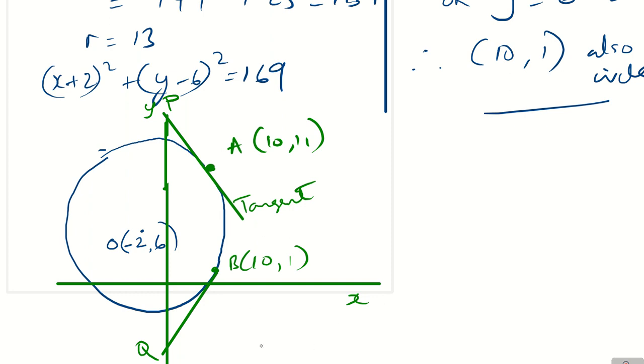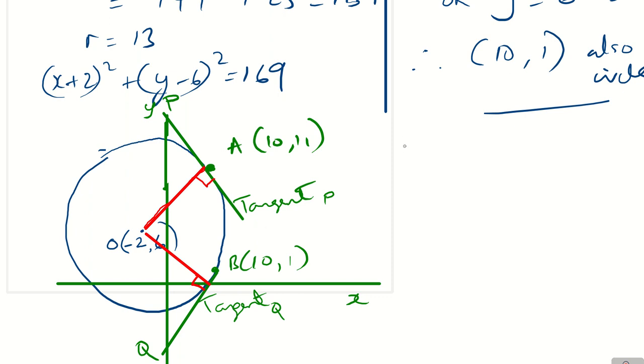So we've got a tangent P and a tangent Q. To find the equations of these tangents, we need to remember that the radius that goes from the centre to these points is going to make a right angle with the tangent. So that's a right angle, and also that's a right angle.